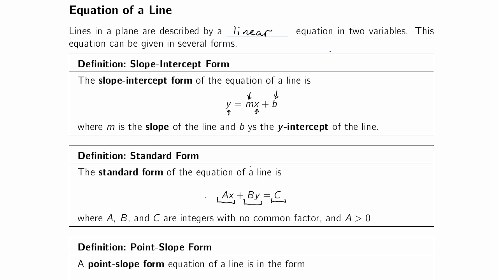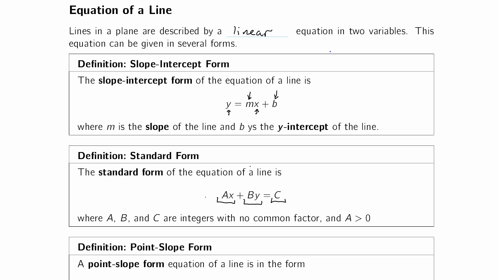We will often not care that much about these restrictions, but technically to be in standard form, each of your coefficients must be an integer, and they must have no factors in common to all three, and your first coefficient has to be positive.